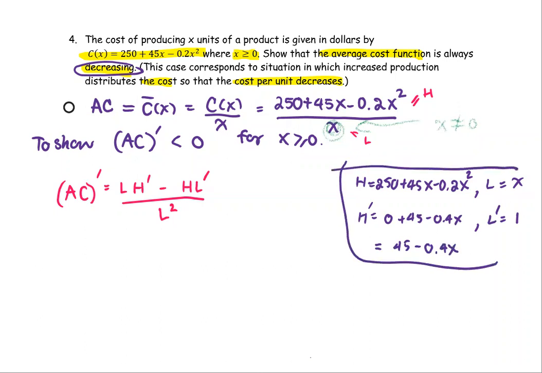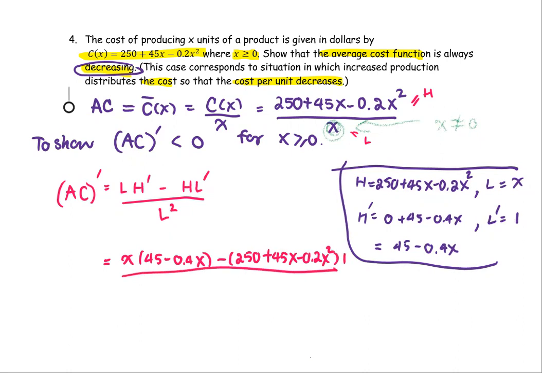My prep work's ready. Now I'm going to bring it into the main part of the problem. The low, which is x, multiplied by d high, which is 45 minus 0.4x, subtracted by the high, which is the quantity 250 plus 45x minus 0.2x squared, multiplied by d low, which is 1, all divided by the low squared, which is x squared.